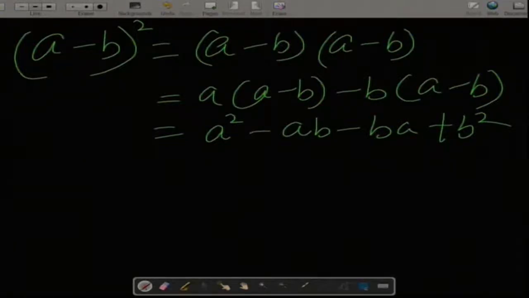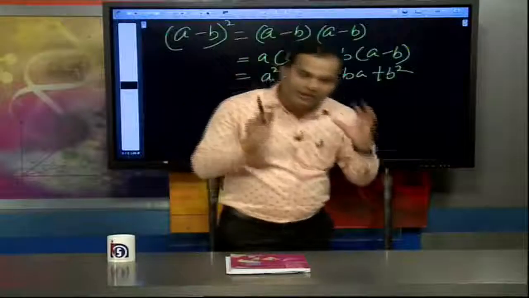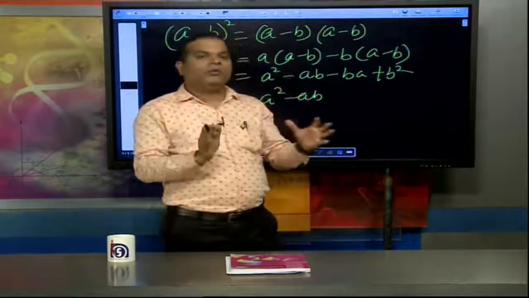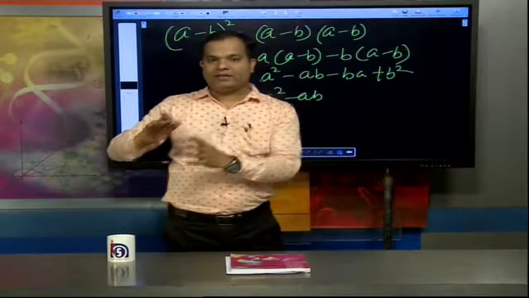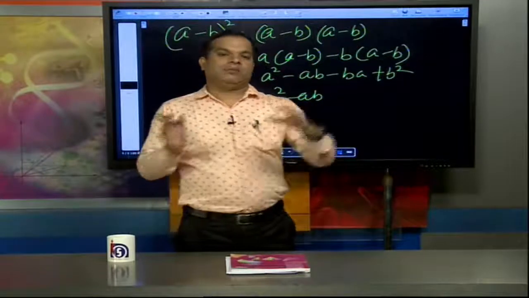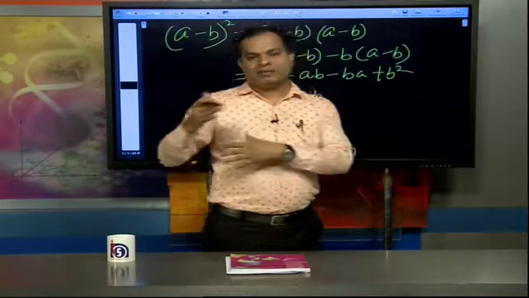So I can write here A square minus AB minus BA, and I can also write minus AB, because as per the commutative property of multiplication, we know minus XY equals minus YX, or minus AB equals minus BA.